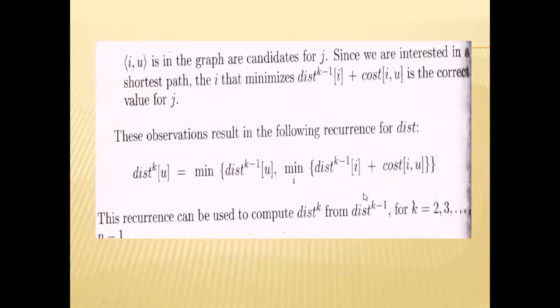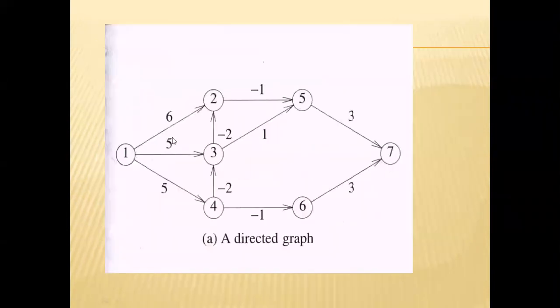You are calculating the rule by using distance power k as the minimum of distance power k minus 1. So there is an algorithm, and it uses a recursion method. We are generating one algorithm by using this formula. So you are finding the shortest path from a single source to all the destinations by using the number of edges.